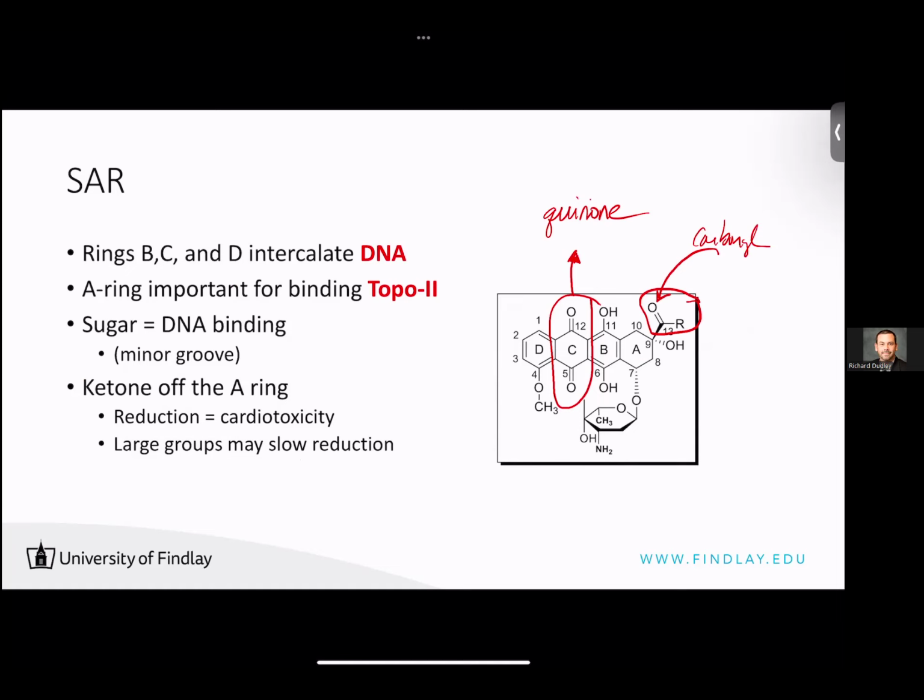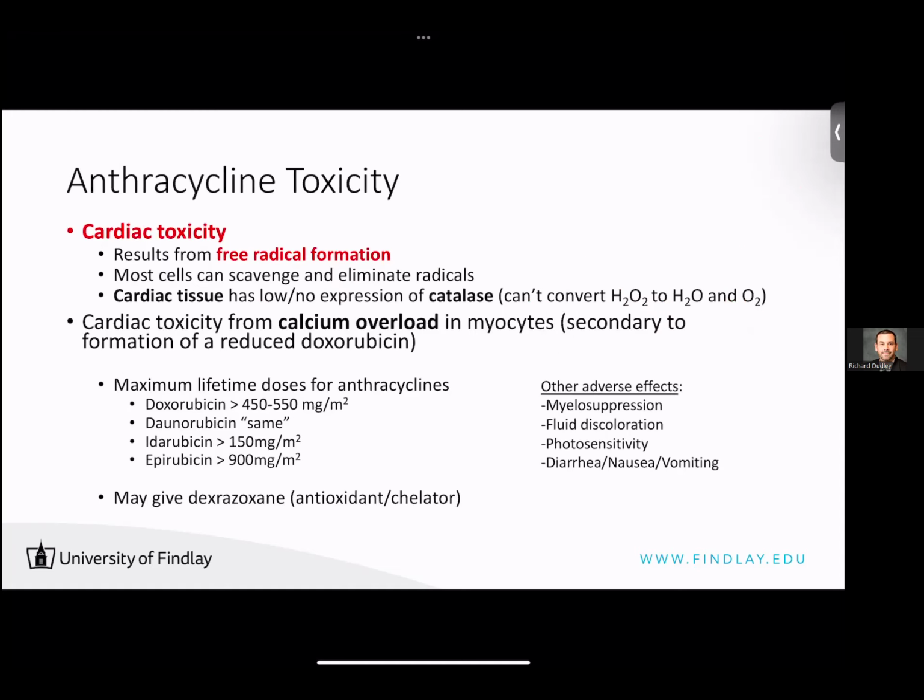But the quinone can get essentially reduced to the hydroxyquinone, and that can have bad effects, especially with the heart. And this carbonyl group can get reduced to an alcohol, and that actually can have negative effects on the heart as well. And we'll talk about that in a second.